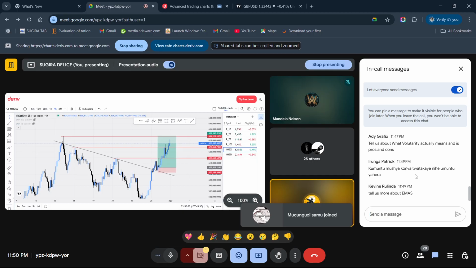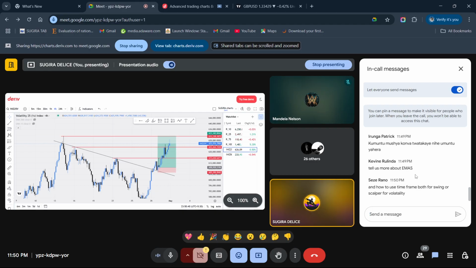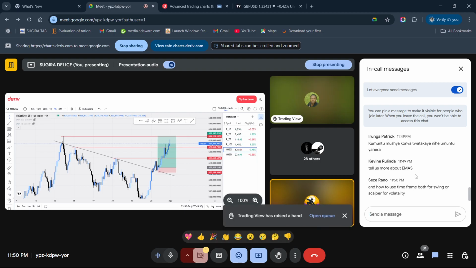I'm gonna arrange it so we first understand what trading is, and then dive in when all of us are on the same level of understanding. So if I talk about, let's analyze, what is EMA, you will get the point. And how to use time frames both for swing or scalping on volatility.